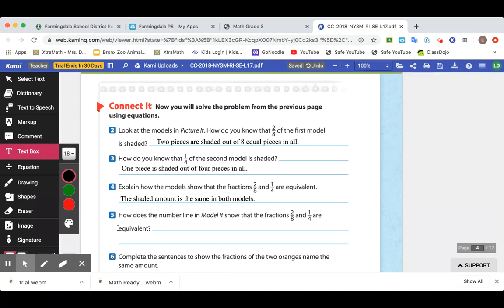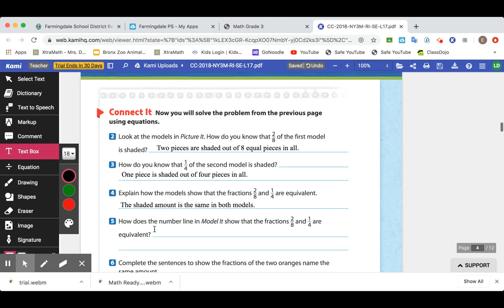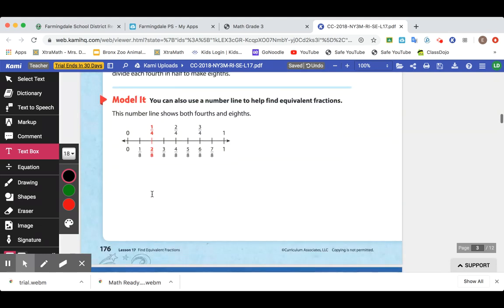Okay. So then it says, how does the number line in Model It show that the fractions 2/8 and 1/4 are equivalent? Okay, well, let's look. So see how they're landing? 2/8 and 1/4 are both landing on the same spot on the number line. They're the same distance away from 0. They're the same distance away from 1.